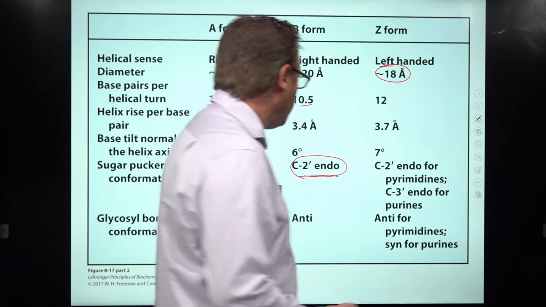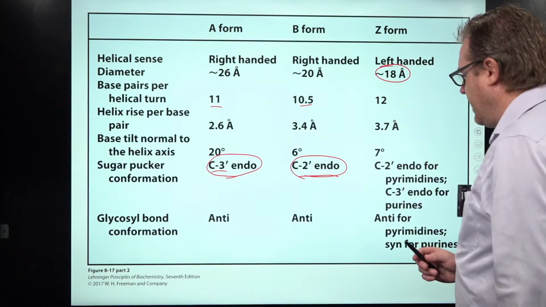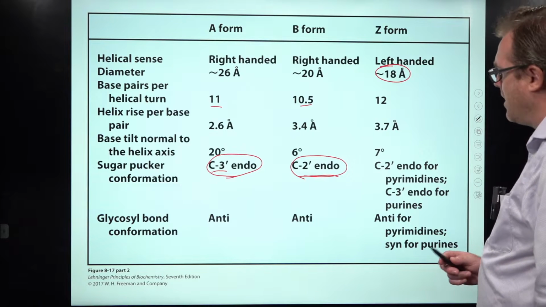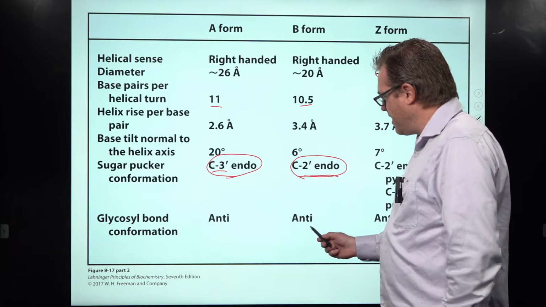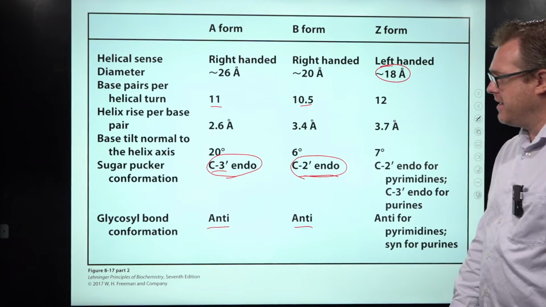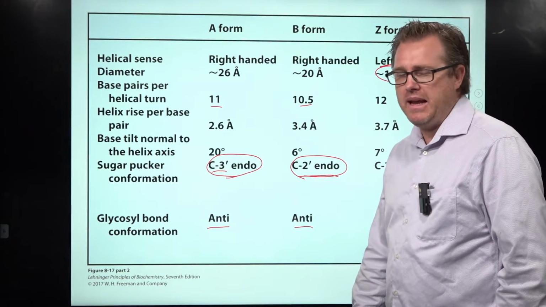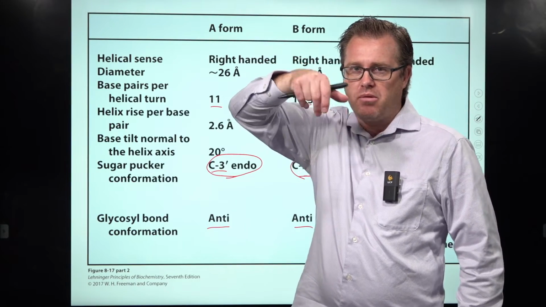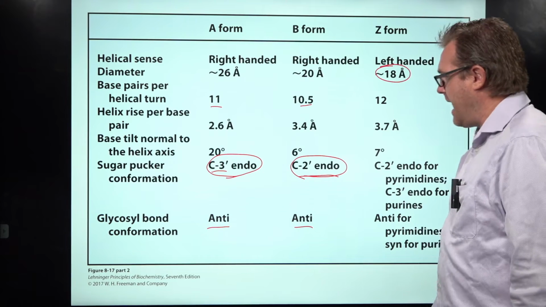What's another interesting thing here? What do the A and B forms have in common, though? The glycosidic bond has to be anti. Remember, that's where the base can be rotated, anti or syn.